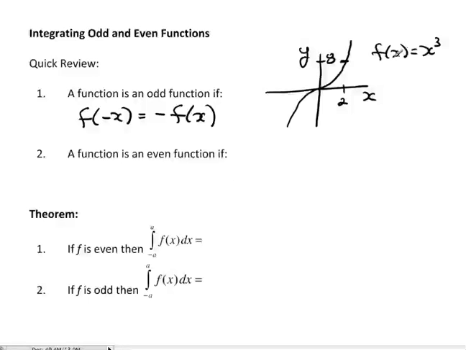So if I evaluate this at a negative x, in other words, negative 2, y is actually equal to a negative 8. So here's the f of negative x equals the negative of f of x. Now also notice that this is actually symmetric about the origin.